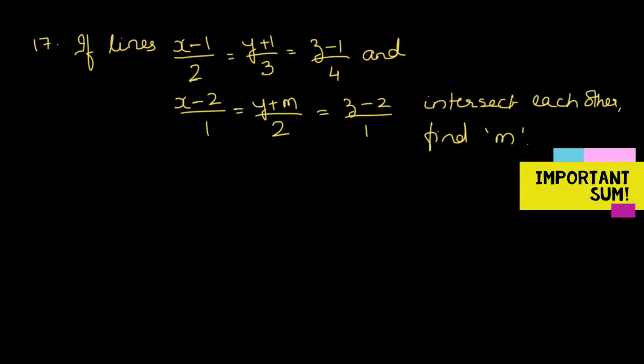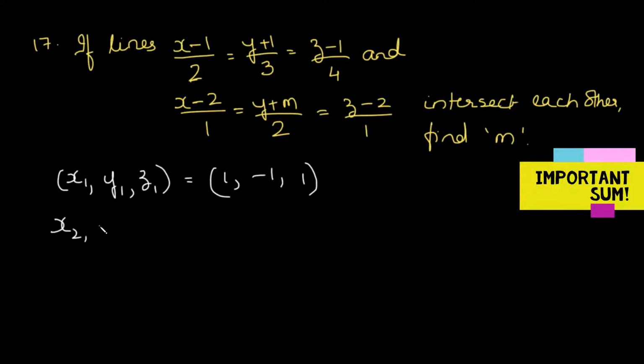Now in the 17th sum, the question is to check if the lines intersect each other. If the two lines given here intersect each other, then find the value of m. One unknown is there called m. So in this sum, we have first of all x1, y1, z1, from the coordinates given here: 1, minus 1 and 1.